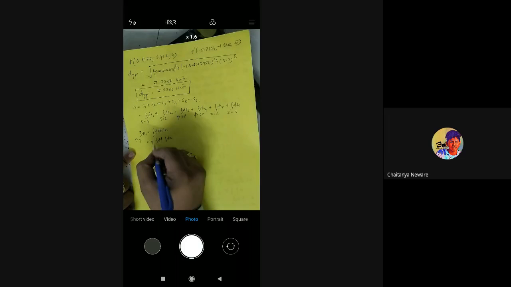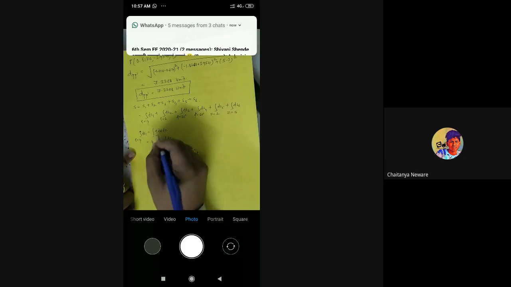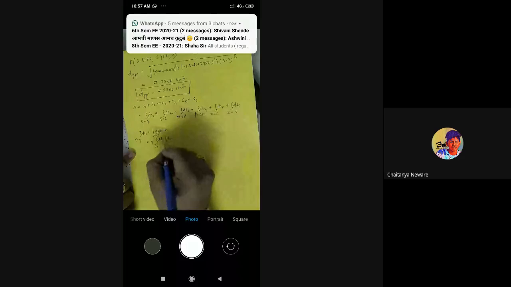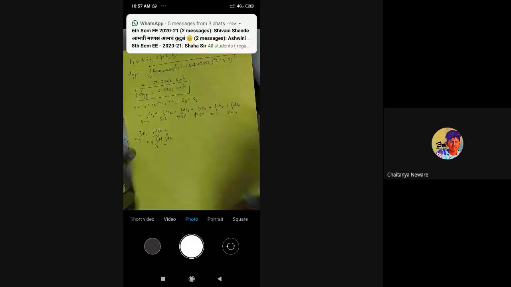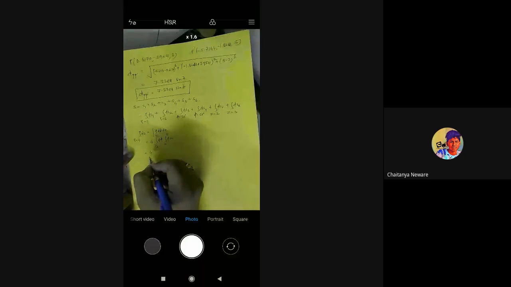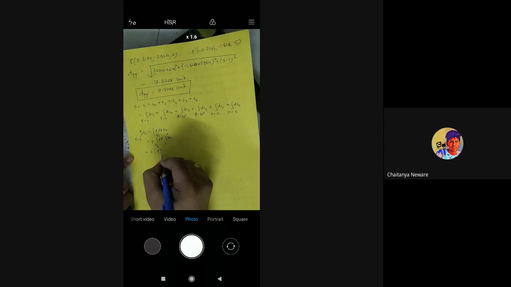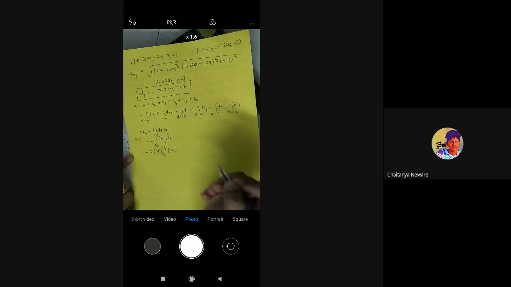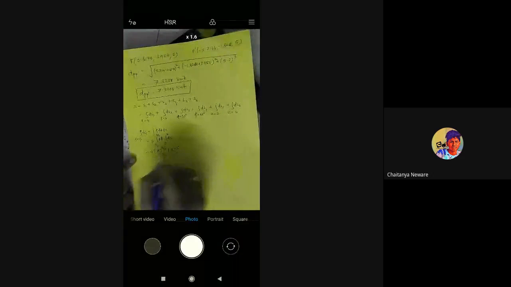The limit for phi is pi by 6 to pi by 3, meaning 30 to 60 degrees, and for z it is 2 to 5. So put the limits.